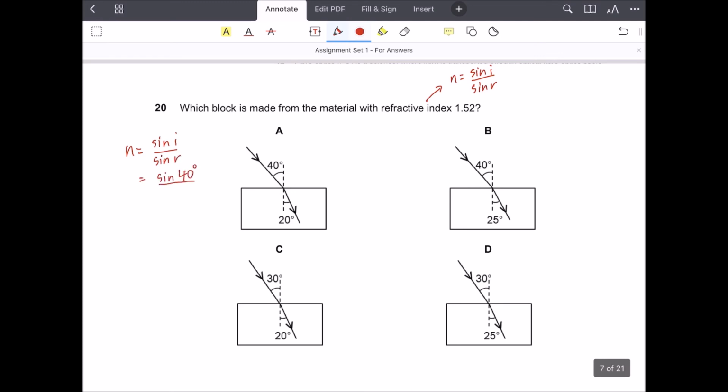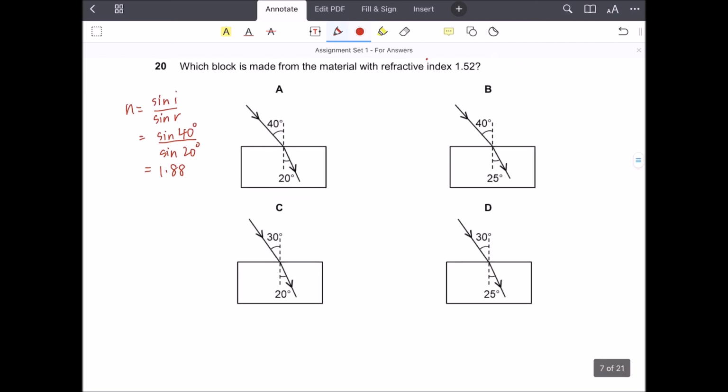You must remember, in sine i over sine r, the angle at the numerator, or the angle at the top, is always bigger than the angle at the bottom. So in this case, my first answer for A is 1.88, which is not the answer I want. So I'll do the other diagrams.